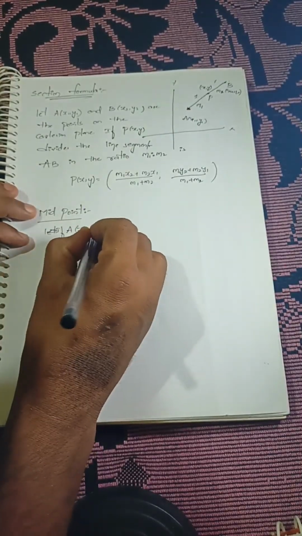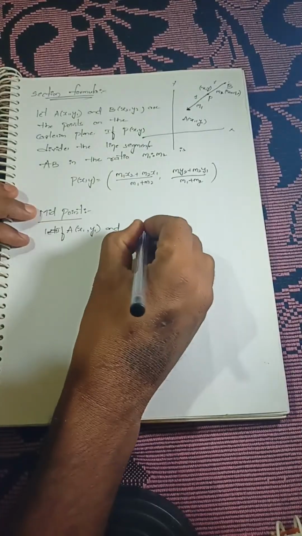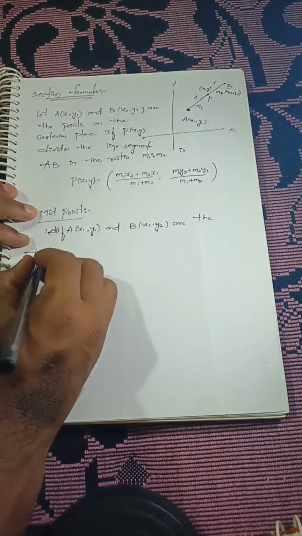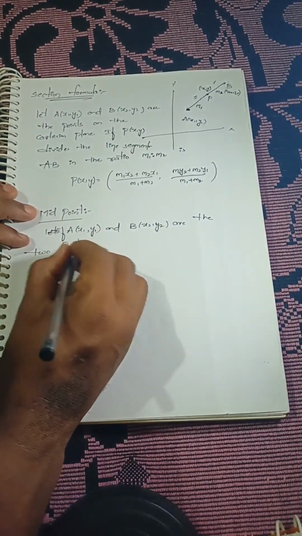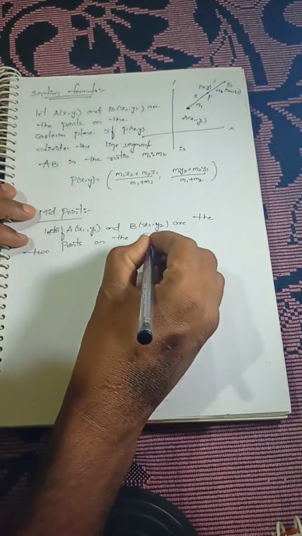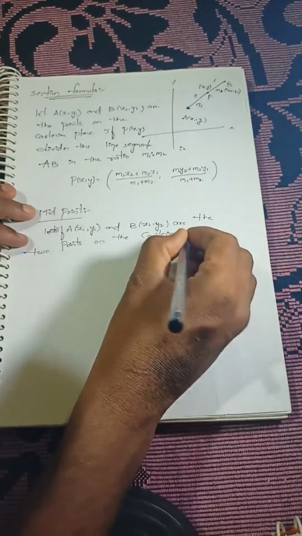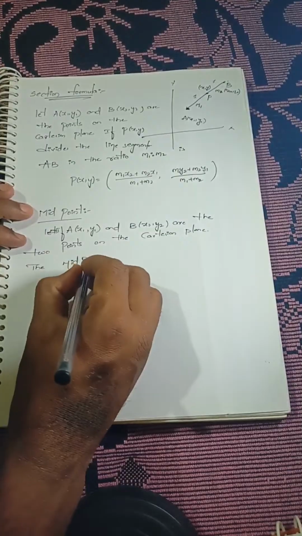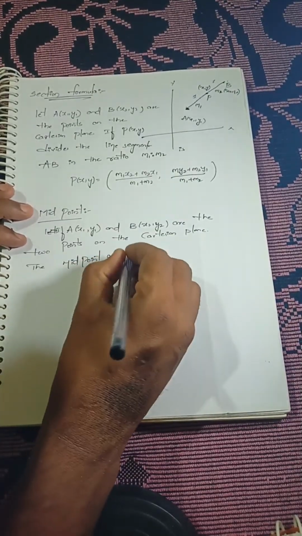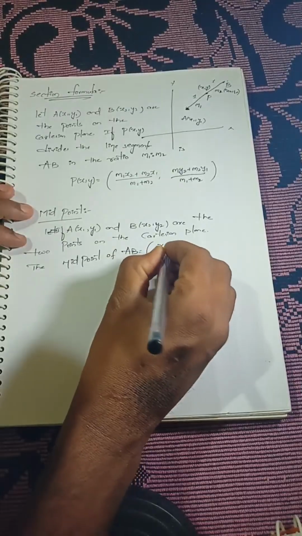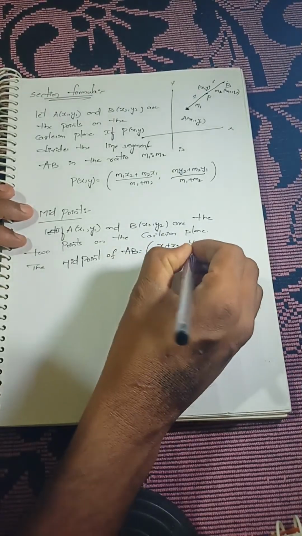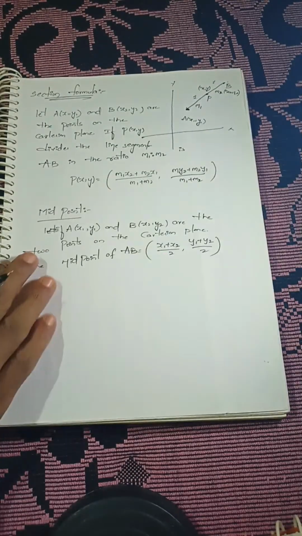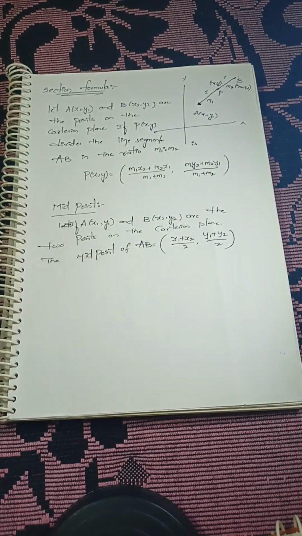If A x1 comma y1 and B x2 comma y2 are the 2 points on the Cartesian plane, then the midpoint of AB is, very simply, x1 plus x2 by 2 comma y1 plus y2 by 2. So this is the midpoint formula which we are going to use for finding the mid values.